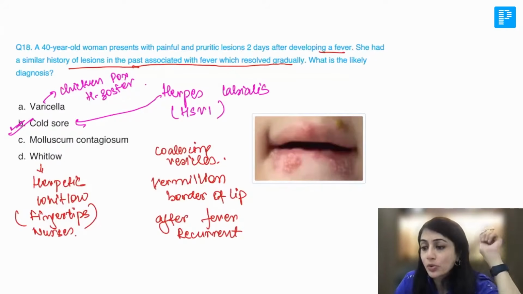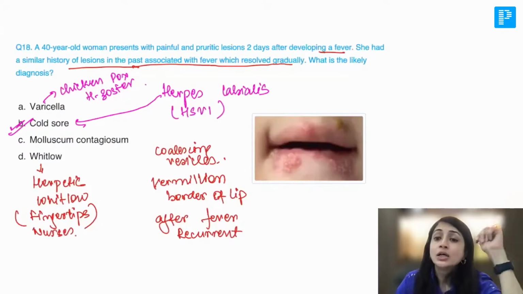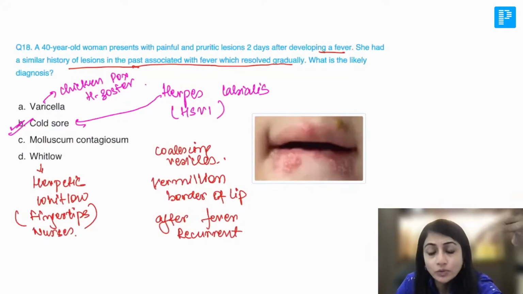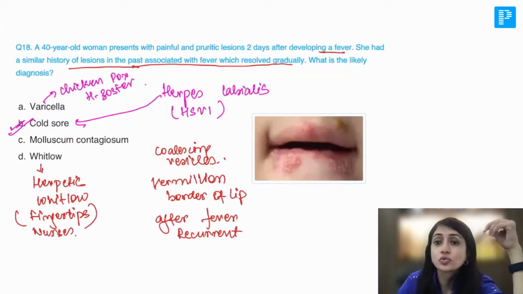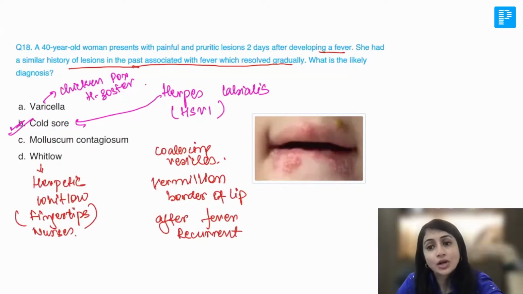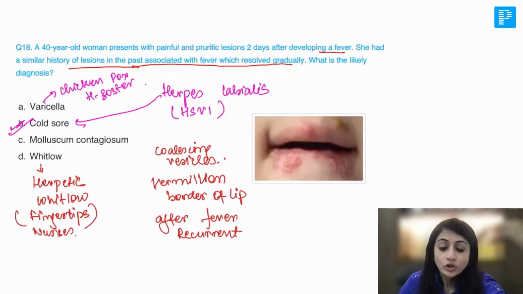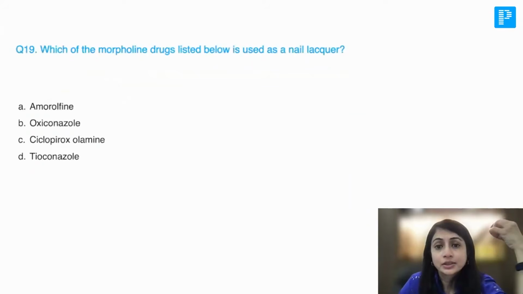It is caused by HSV1 and also called cold sore. Herpes labialis is recurrent lesions, coalescing vesicles at the vermilion border of the lips, which can happen after fever, stress, or menstrual periods. So a lot of trigger factors are there, right? The virus gets latent in the dorsal root ganglion, and that is why the recurrence keeps happening. Clear?